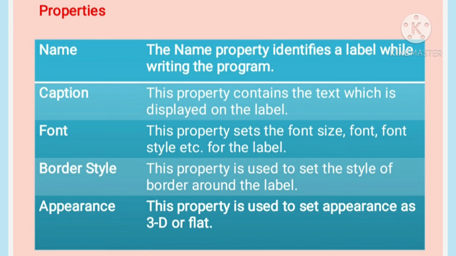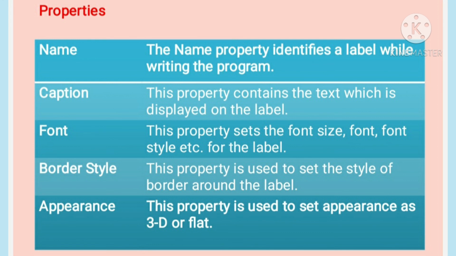Let's see the properties. Name property: it identifies a label while writing the program. Caption: this property contains the text which is displayed on the label. Font property sets the font size, font style, etc. for the label.